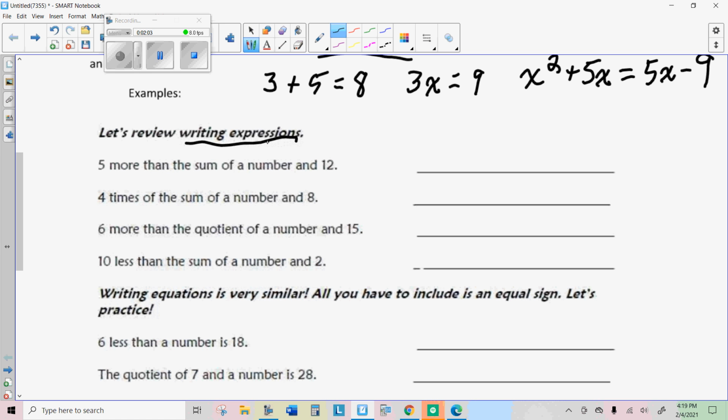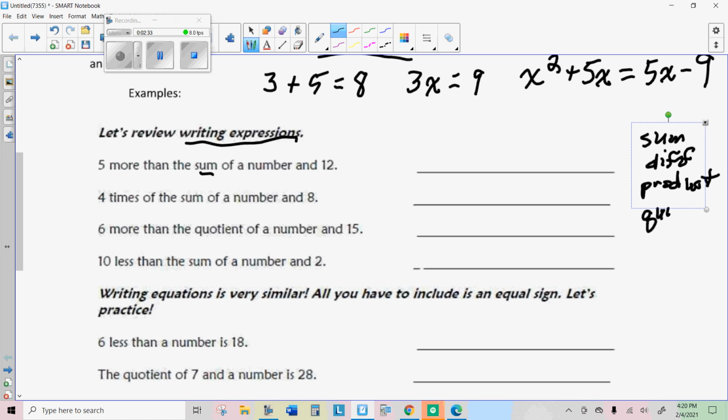There's certain words that mean add, certain words that mean subtract, certain words that mean multiply, certain words that mean divide. Sum means add, and when you see the words sum, difference, product, or quotient, that means you are going to be doing that operation to at least two of those objects.